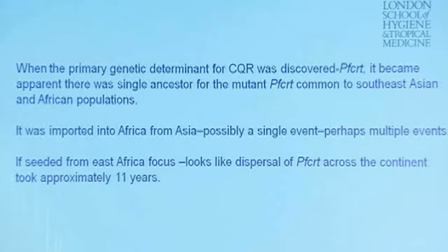It was found to have been imported into Africa from Asia, possibly via a single event, or perhaps by multiple events. It's impossible to disentangle the sequence of events after the fact, because it's now prevalent throughout Africa. But if it was seeded from this East African focus, it looks like the dispersal of this mutant PFCRT across the African continent took approximately 11 years.